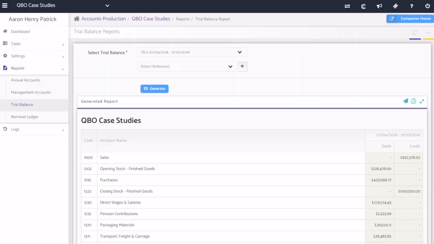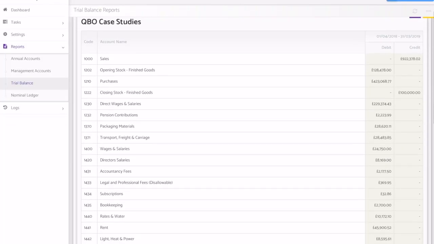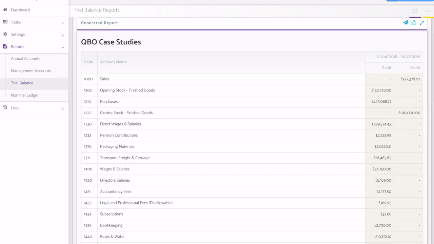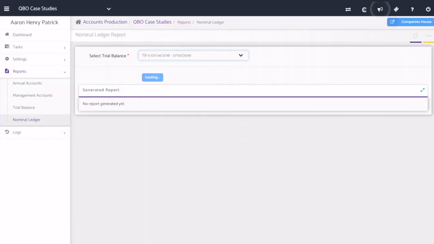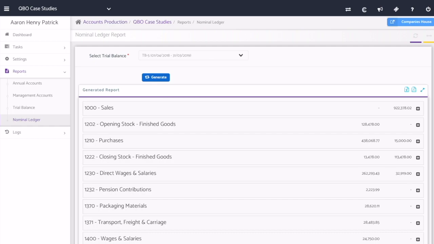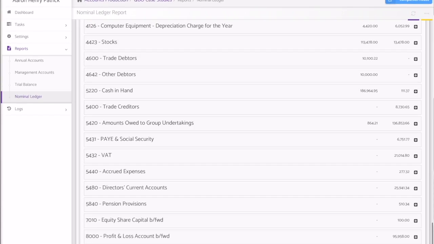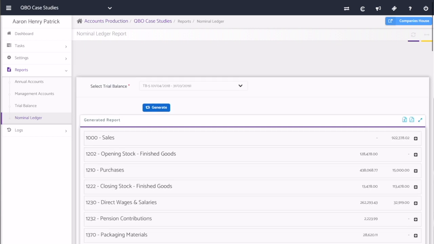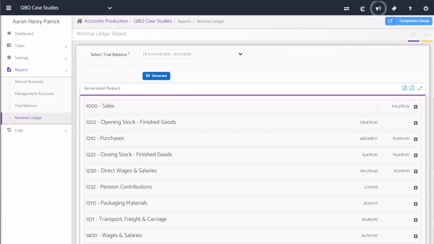If we look back down at the trial balance, all of these lines here, the first one, sales, the next one, opening stock, the next one, purchases, each one of them is what we would call a T account. And if I want to look even further down, I would go from my trial balance to my nominal ledger, find the right date range, generate it, and now I can see that trial balance again, and you can see that if I added all these up, it would come back to exactly the same figure.